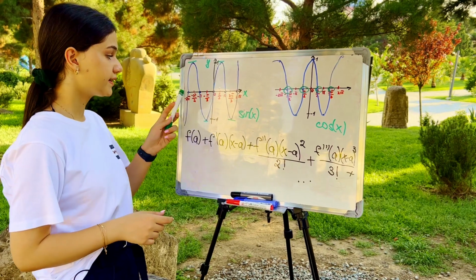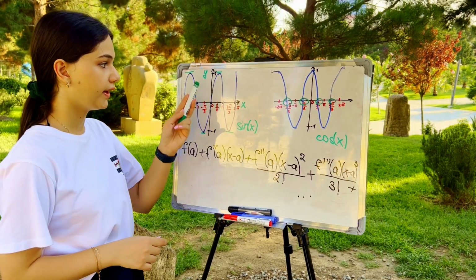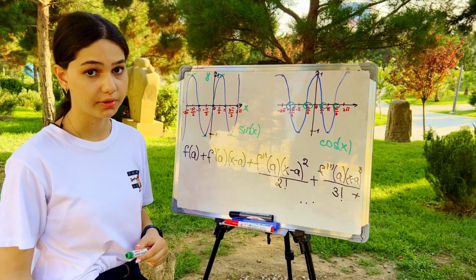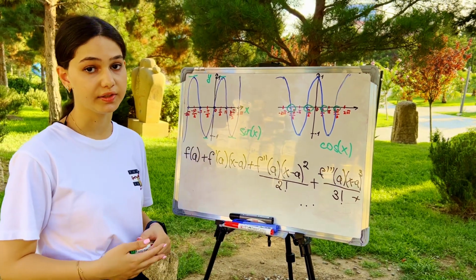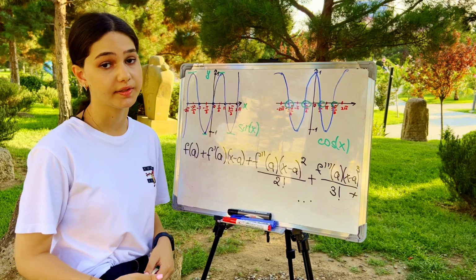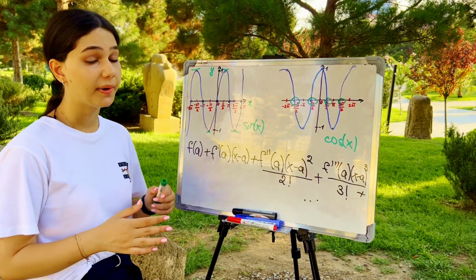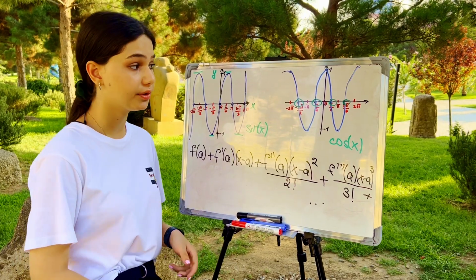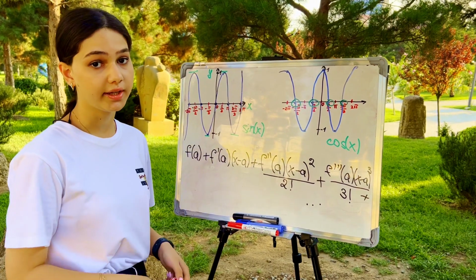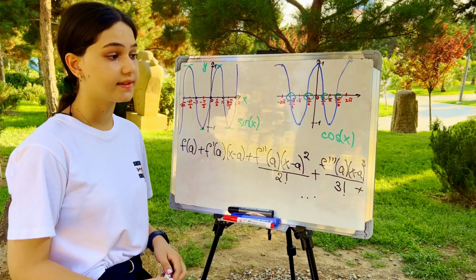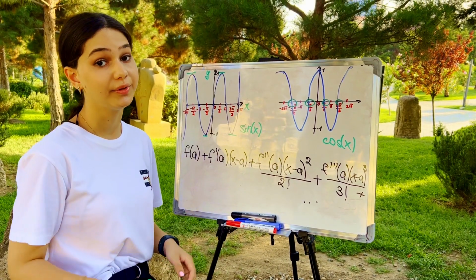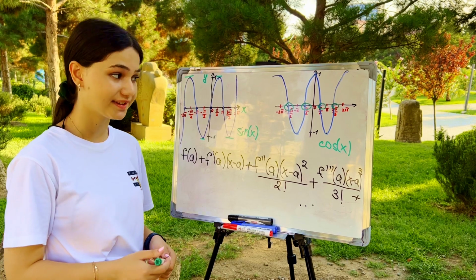You can see that when sine of x is increasing, cosine of x is more than 0, and when sine of x is decreasing, cosine of x is less than 0. But it's not the same thing reversely, because when cosine of x increases in the first quarter, sine of x is decreasing. That's why if we write the derivative of cosine of x, we write a negative sign.